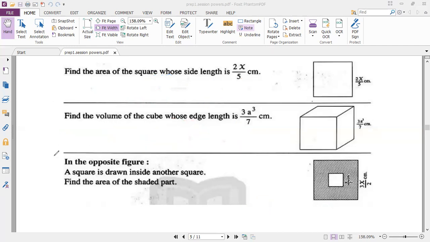The last one here, in the opposite figure, a square is drawn inside another square. Find the area of the shaded part. How can we find the area of the shaded part? The area of the shaded part is the area of the large square minus the area of the small square.